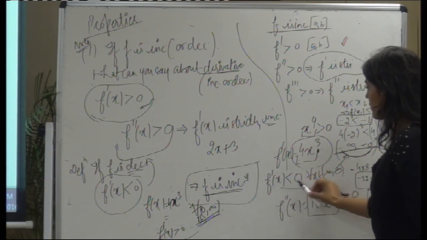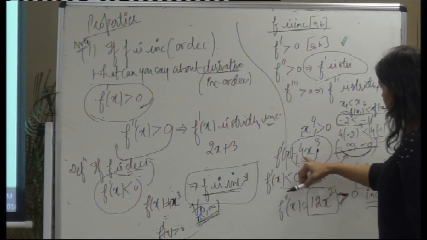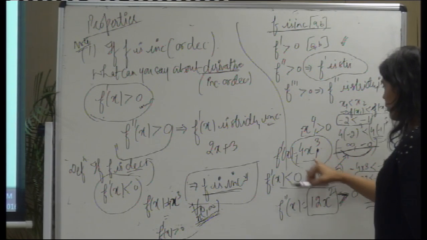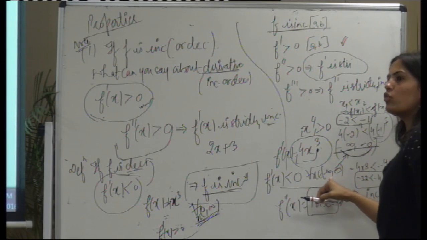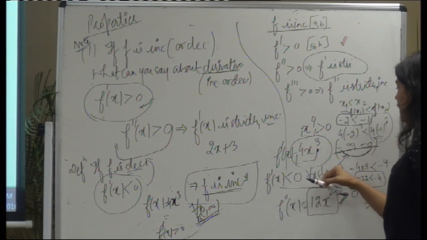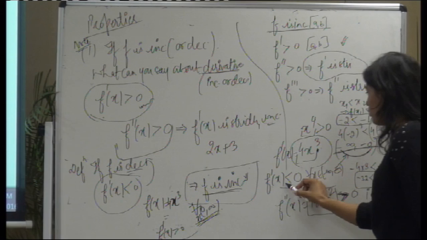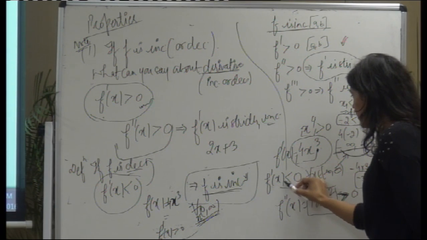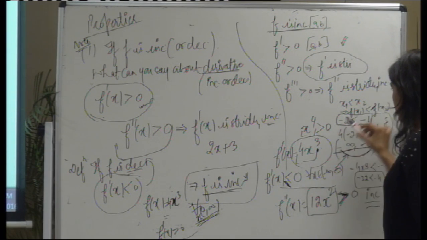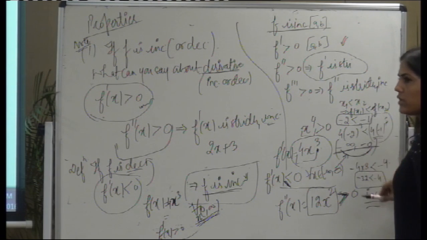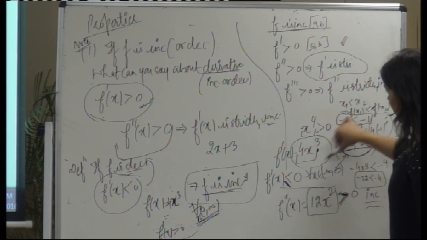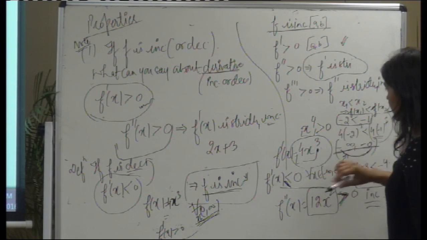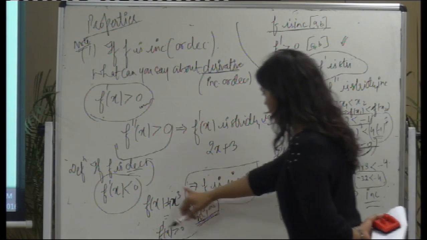Anyhow, the derivative is less than 0. The derivative is 4x cube, so whichever negative number you put in this interval, like minus 2, the derivative is negative, but the behavior of this function is increasing. And for 0 to infinity there is no problem, it is increasing.